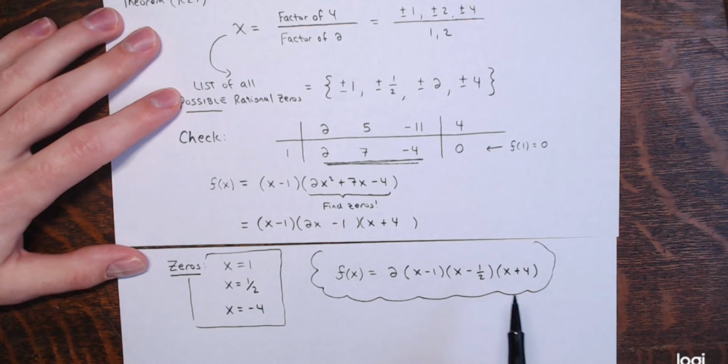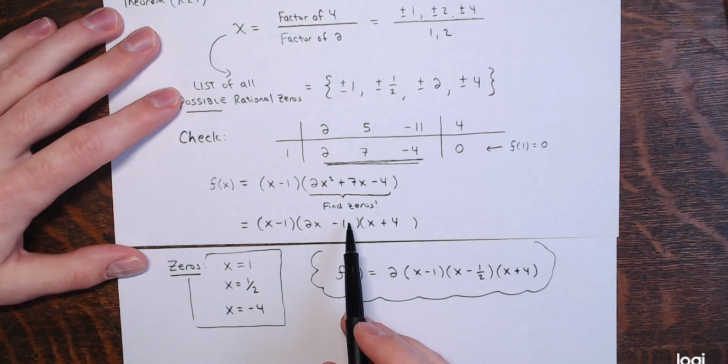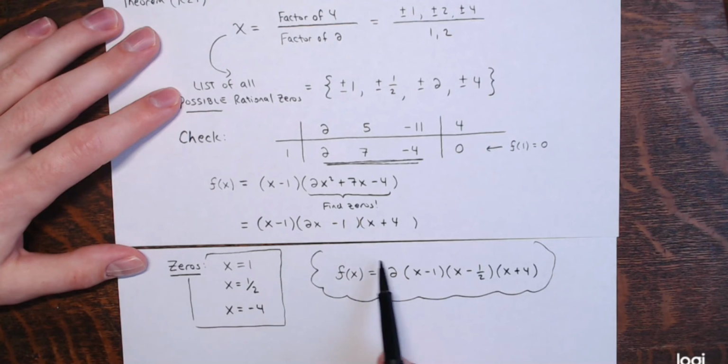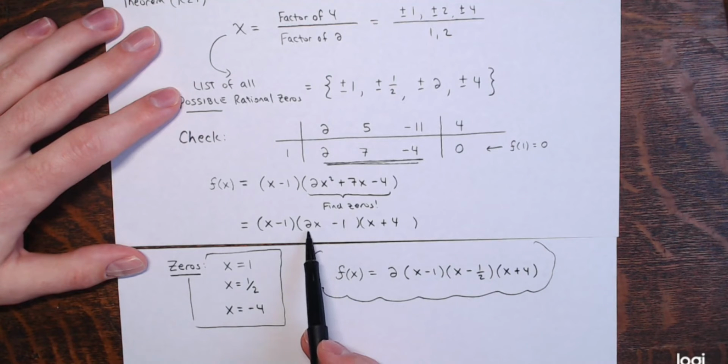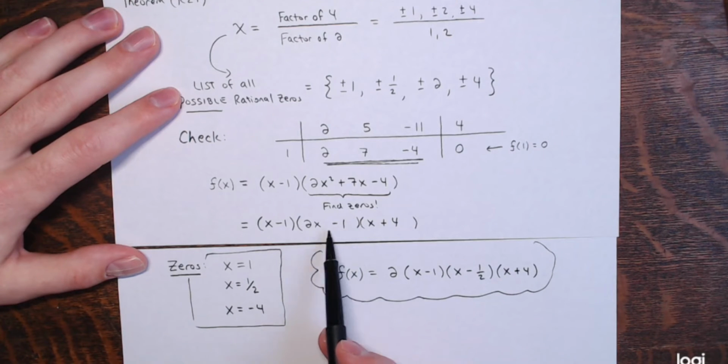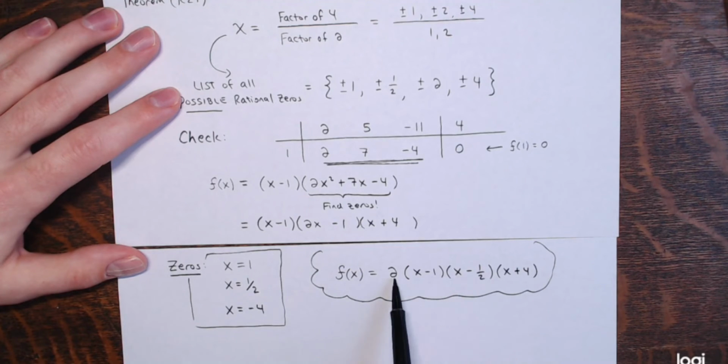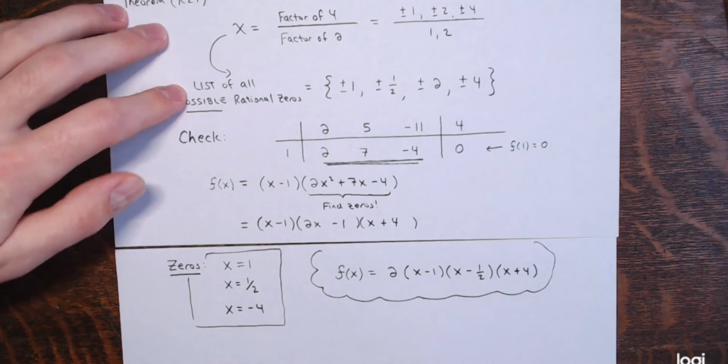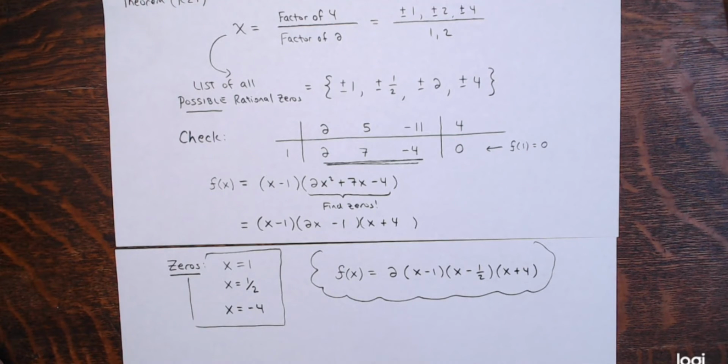Now, do you see how these are the same? I got the x minus 1 factor, got the x plus 4 factor, all I did was basically take 2x minus 1 and factor out a 2. 2 times x minus a half would be 2x minus 1. So they're the same thing. And that's it. That's all we were asked to do.